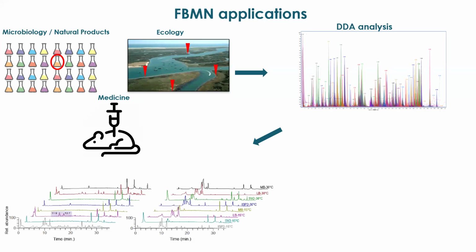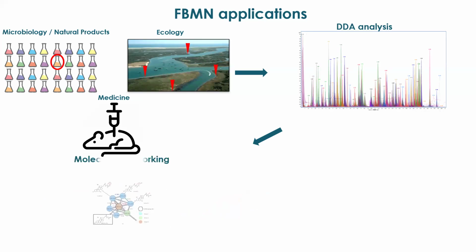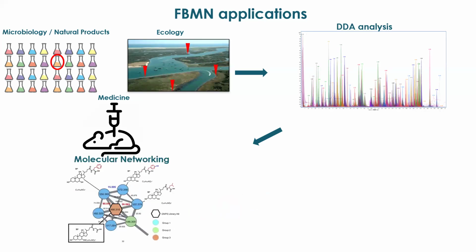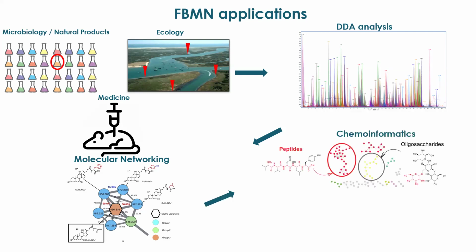You have to find, okay, this peak is here, but it's not there. It's hard to do manually, so we need some tool. With molecular networking, you can see if one feature, which is one node, one molecule, is in a sample and not in the other sample. And as I said, you can perform chemoinformatics analysis and statistics, as you learned from Jos.